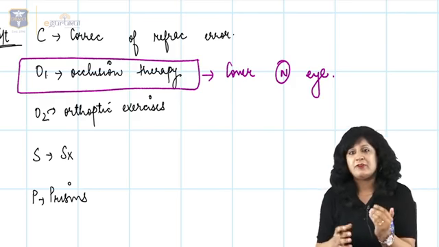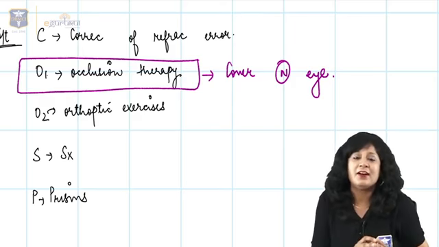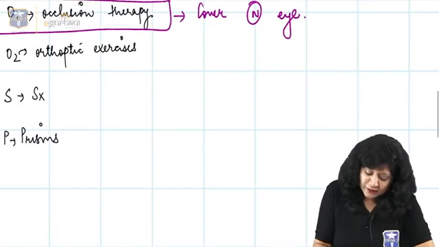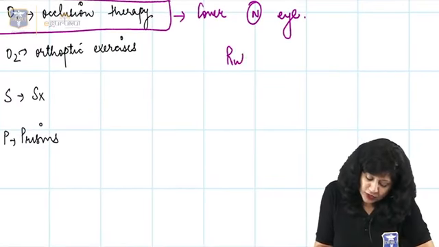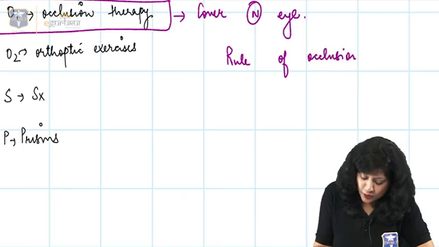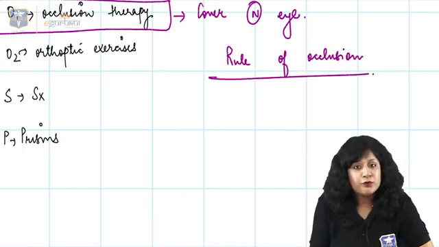Now obviously when you are covering the normal eye 24/7, this eye can go into amblyopia. So always follow the rule of occlusion. Very, very important. What is this rule of occlusion?